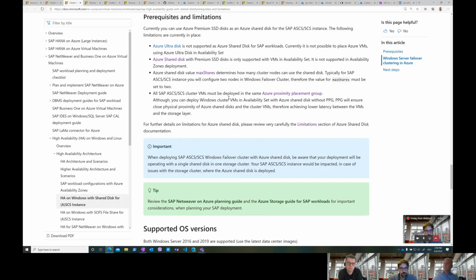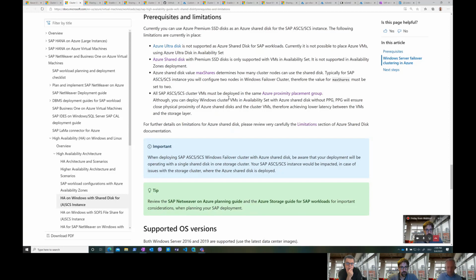If it's not part of the proximity placement group, the VMs would be close because they are in an availability set, so they will be part of the same Hyper-V cluster. But the shared disk could be in some other DC, and that could increase the latency. To prevent this, we say put everything in a PPG, and that would also ensure that the shared disk is physically in the same DC as those VMs, meaning that the latency is also good.